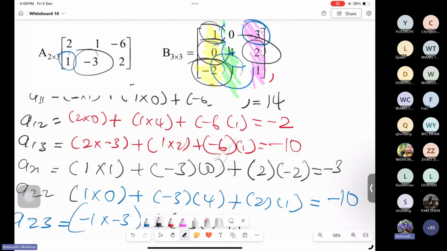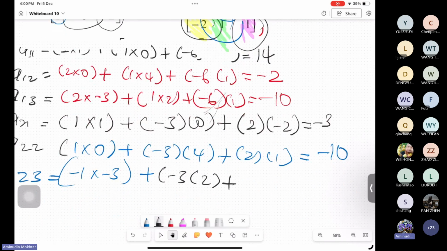And the last one is the last element of A in the second row, that is 2, times the last element of B, that is 1.